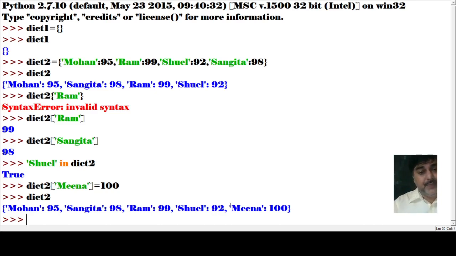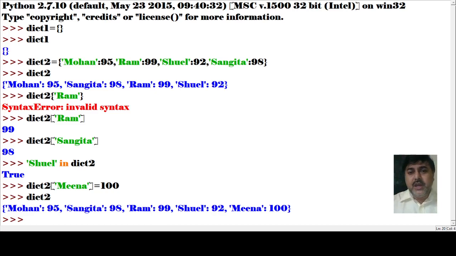So this is what the dictionary is, and this is the particular dictionary structure we are working on. As we are working on this dictionary structure, suppose now you want to modify it. How can you modify it?